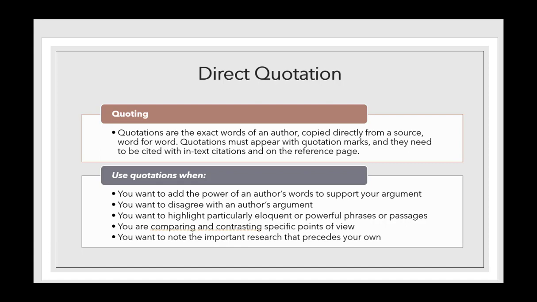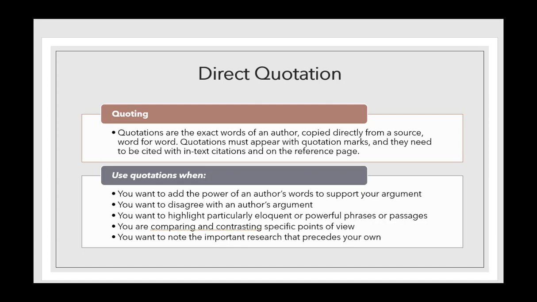I would also say that using a direct quotation to disagree with the author's argument or to agree with it, for instance. So again, considering the BEAM model under argumentative, this is generally when we want to directly quote. So we want to make sure that if we are going to disagree with something, that we are capturing it exactly how they present that information, right?